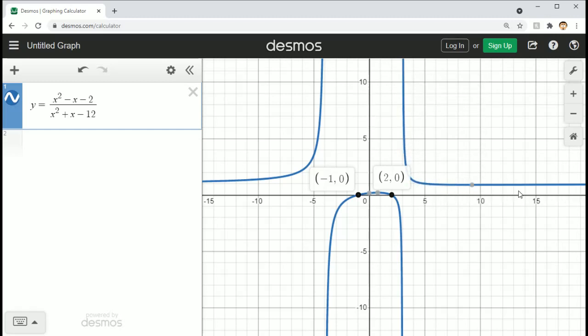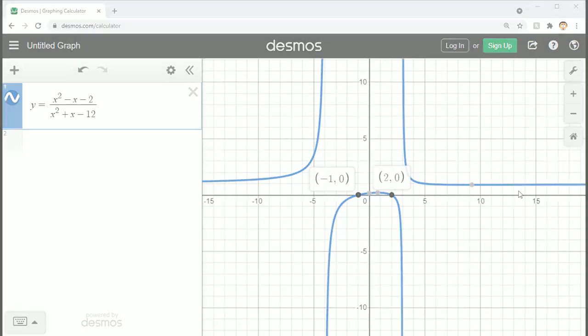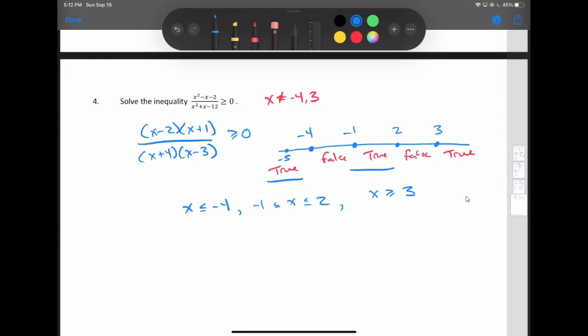So I think we were correct. So what did we do? I'm just going to remind you: use zeros, top and bottom, and test regions.